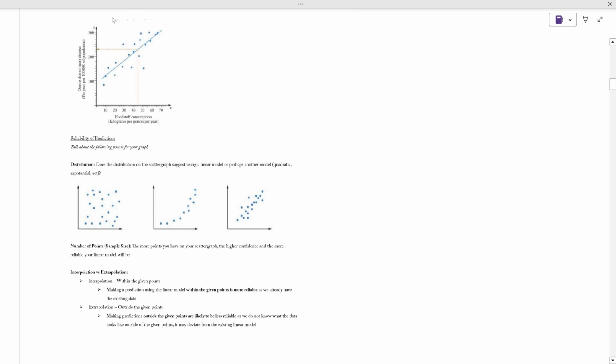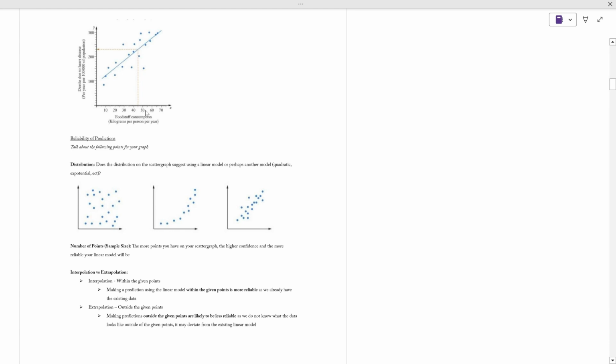For example, let's use this one. You've drawn a line of best fit, and it looks like there's a bit of a trend, so it's good that you drew a line of best fit. Let's say the question becomes, what is the expected number of deaths per year due to heart disease for someone that consumes 50 kilograms of foodstuff per year?